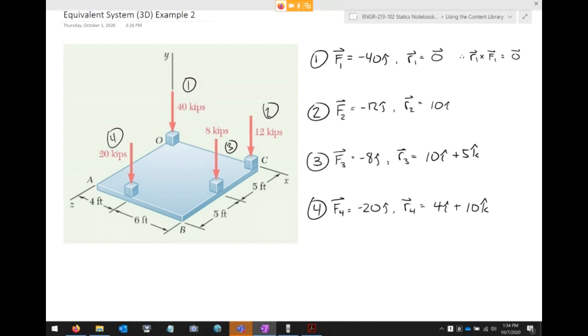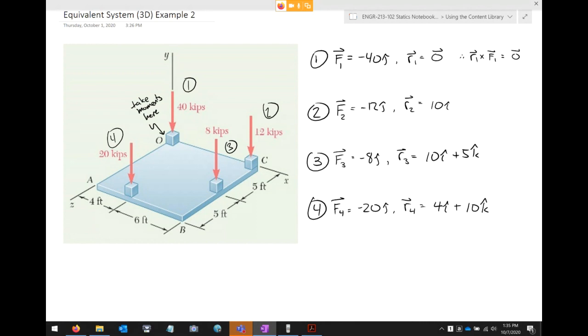We're going to be taking moments about the origin. So this is where we're going to be taking moments here. If we're taking moments there, we get that R1 crossed with F1 equals 0. But does that make sense? Let's go back to just the basic definition of a moment. How do we define a moment?